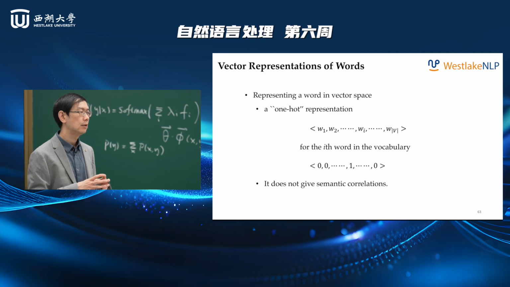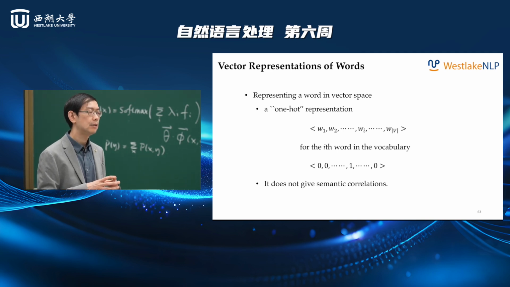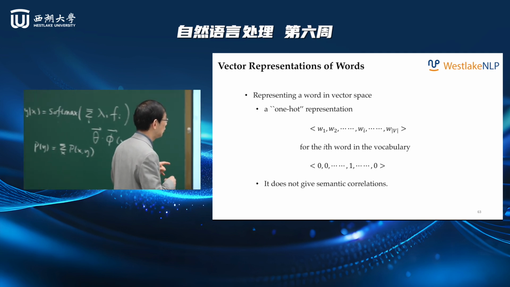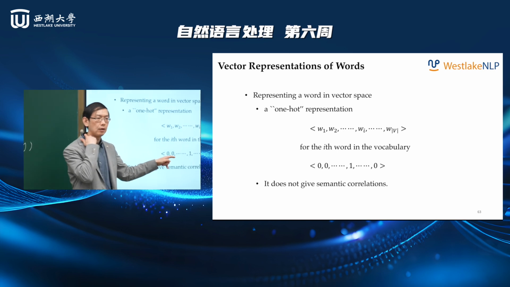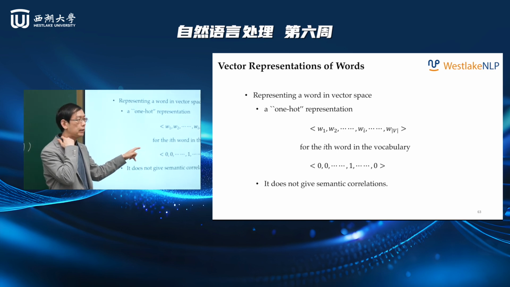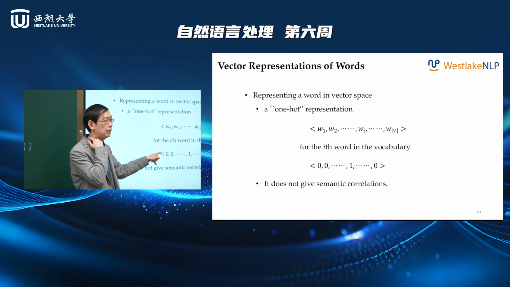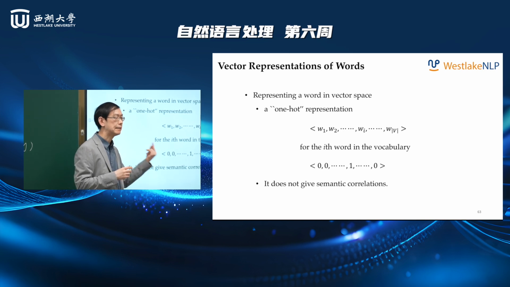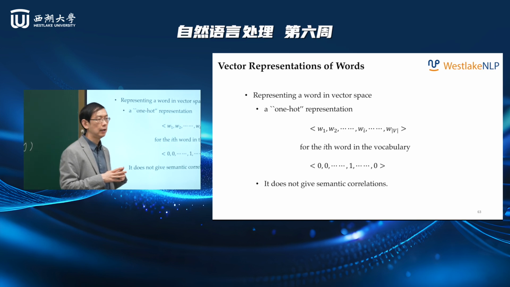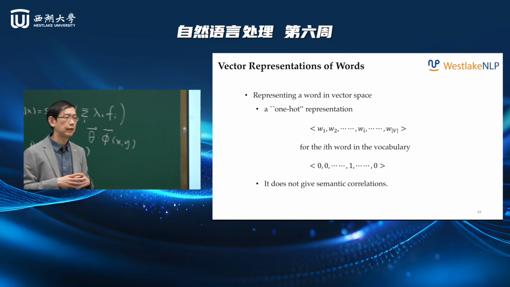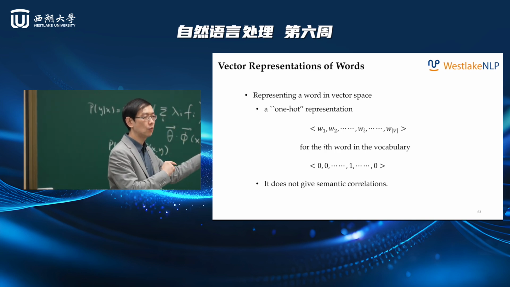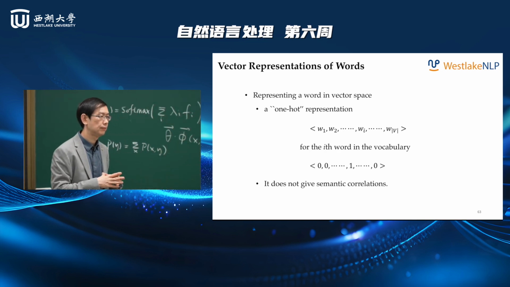The most simple and intuitive method is to turn a word into a vocabulary-size vector, where only the dimension that corresponds to this word is 1, and the other dimensions are zeros. This is an indicative feature vector. It's called a one-hot feature vector. Among V dimensions, only one is 1, and the remaining are zeros.